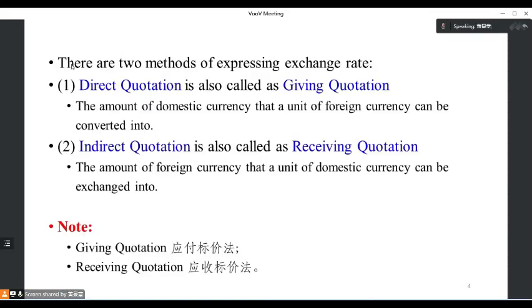Let's go on. There are two methods of expressing exchange rate. First, direct quotation. Direct quotation is also called giving quotation: the amount of domestic currency that a unit of foreign currency can be converted into.